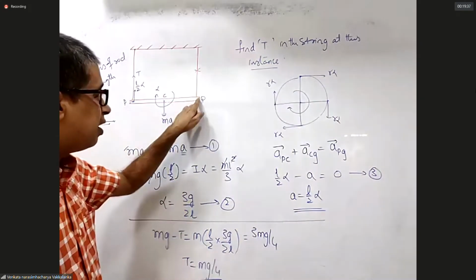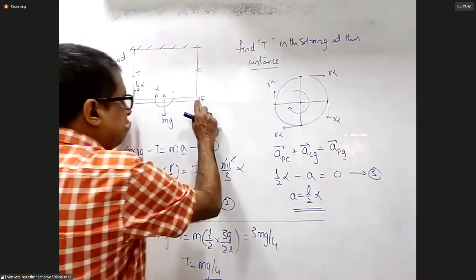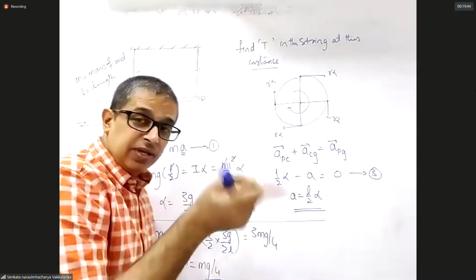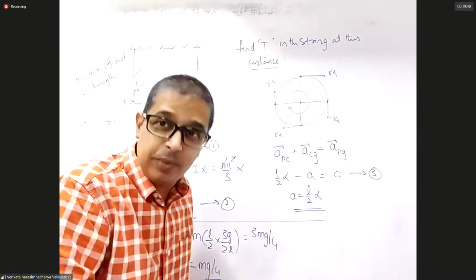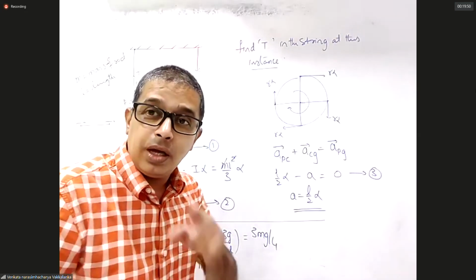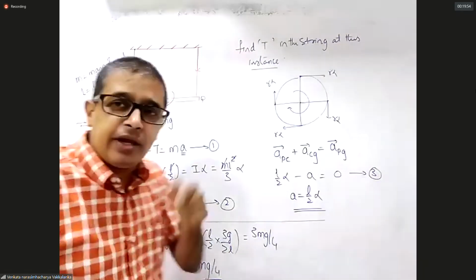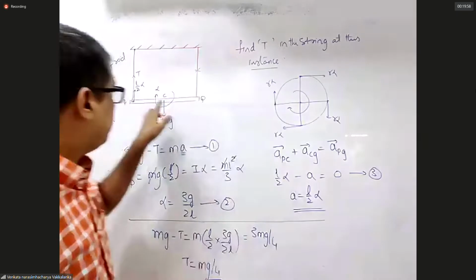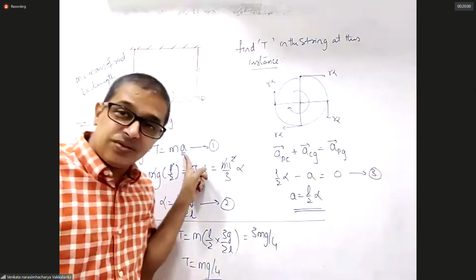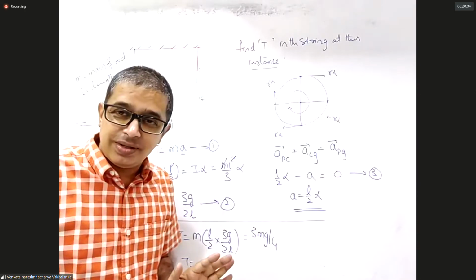If I know the acceleration of Q, I can take acceleration of point P with respect to Q plus acceleration of Q with respect to ground. I'll get the acceleration of point P with respect to ground. About Q I can do it, provided I know the acceleration of Q with respect to ground. I don't know. I know only acceleration of center of mass, right? So I took about the center of mass. Yes, understood.